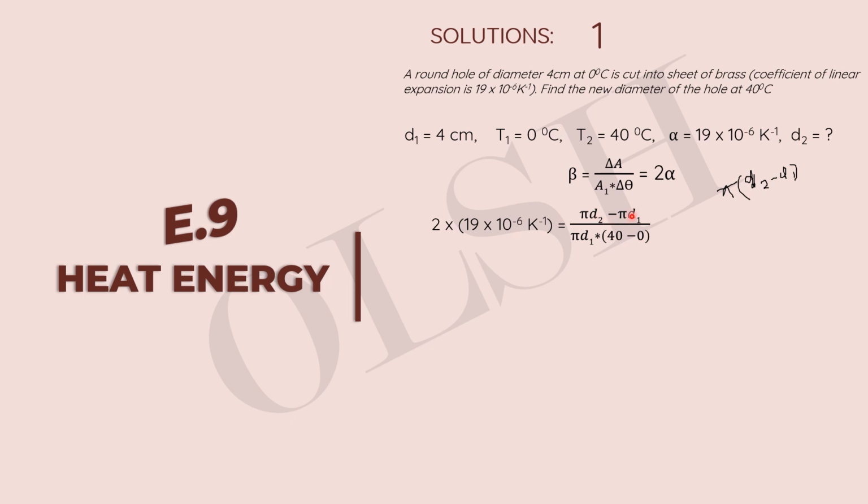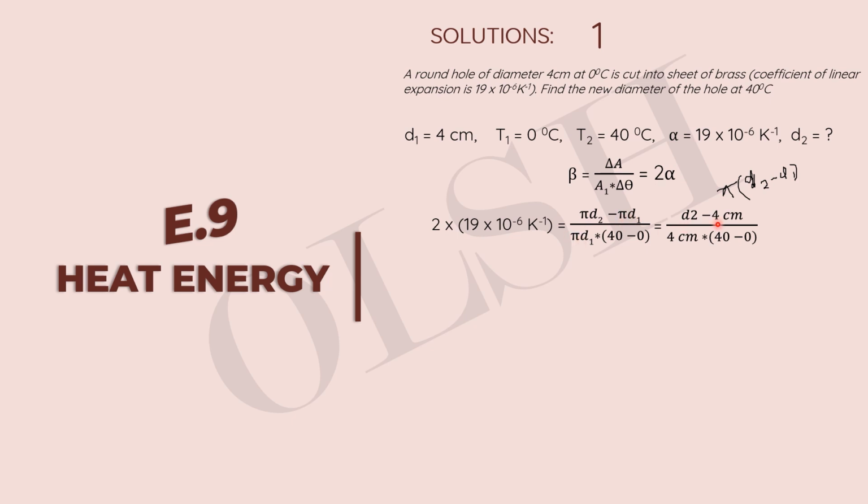This pi can divide the pi down here, which leaves us with d2 minus 4 cm all over 4 cm times 40 minus 0, because our pi's are gone.